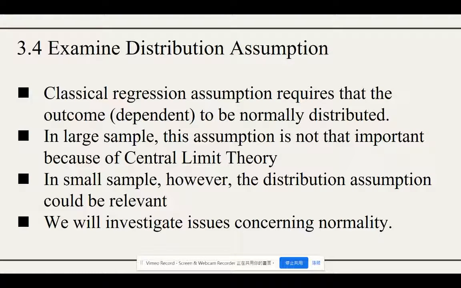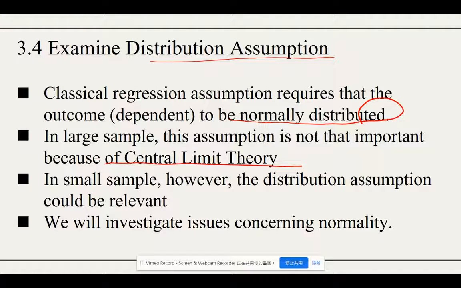Okay, in the following sections, we examine the distribution assumptions. Usually, the classic regression assumptions require the outcome to be normally distributed, because we need it for statistical inference, and the normal distribution is more convenient for statistical inference. In a large sample, this assumption is not important because of the central limit theorem.